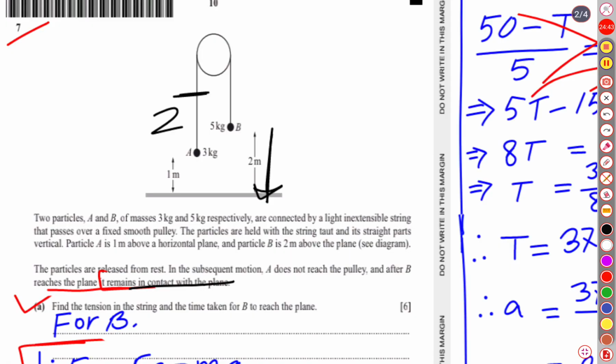A will just go up as a continuous movement, then again it will come back. A will go up to one stage, then it will come back. That's why the final velocity is 0, because there is no more velocity at the maximum point.